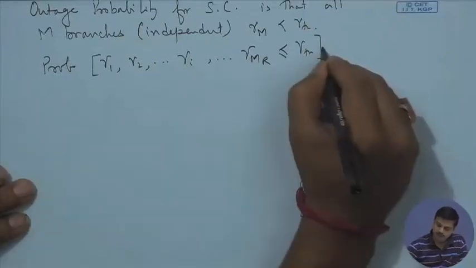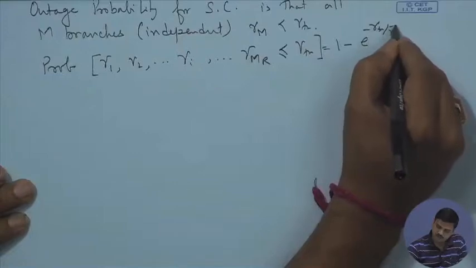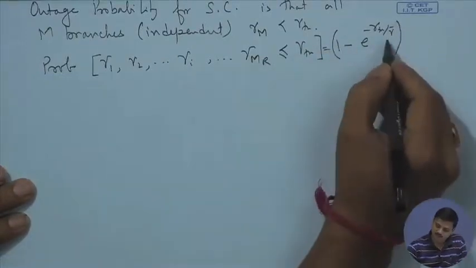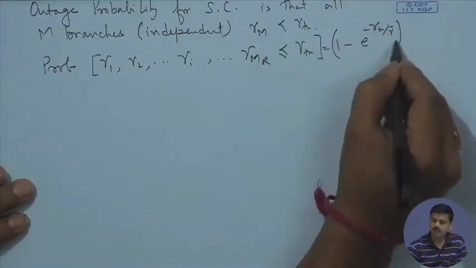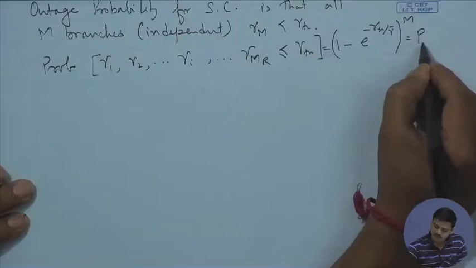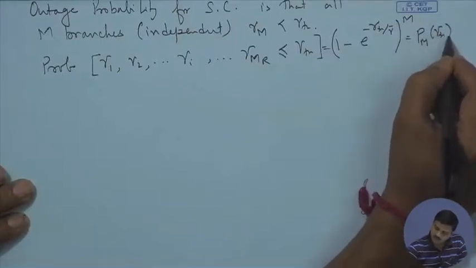If they are all independent, this will be 1 minus e to the power of minus gamma threshold by gamma bar multiplied by that of the second and third and fourth, so this would be raised to the power of M. So this is the outage probability for selection combining given a certain threshold.